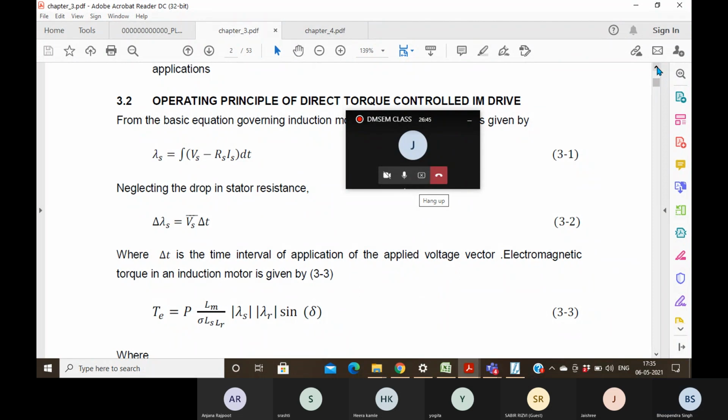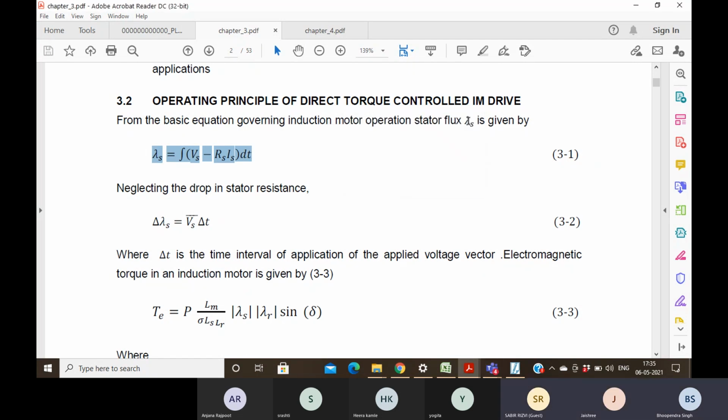Can you see this equation which I have highlighted? Yes, sir.